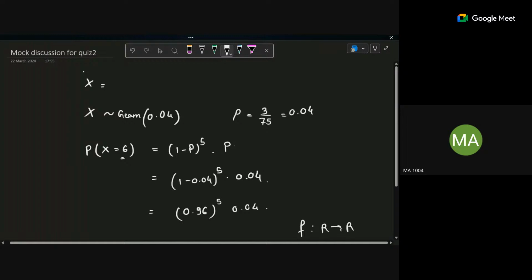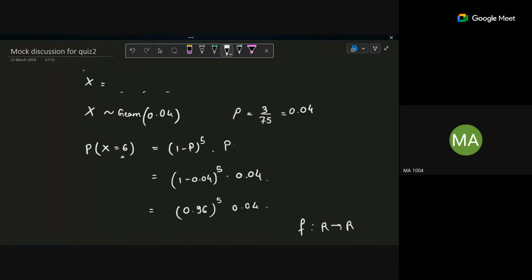So here, what are you calculating? That should be your definition. X is a random variable denoting a geometric distribution with parameter 0.04, and we need to calculate the probability of success in the sixth position.